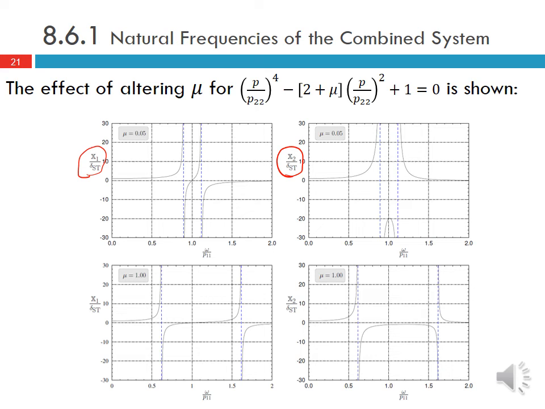So with a mass ratio of mu equal to 0.05, you can see that we have now separated the natural frequencies by a small amount here. So these are the natural frequencies of the combined system. And with a larger mass ratio, mu equal to 1, you can see that we've separated those natural frequencies by a much larger amount in this case.